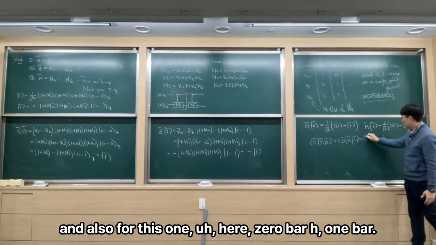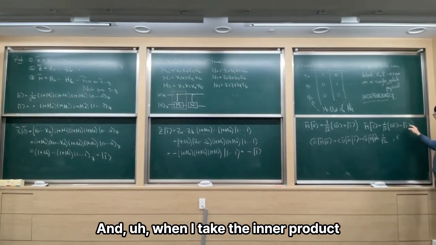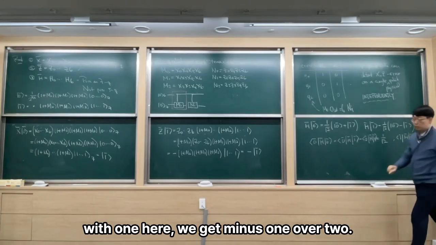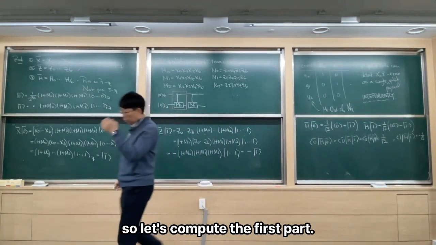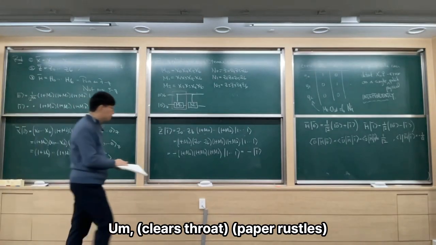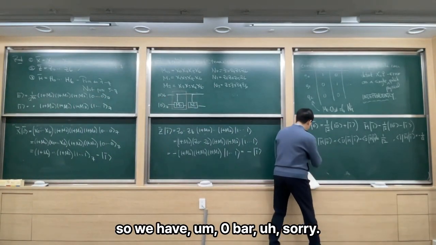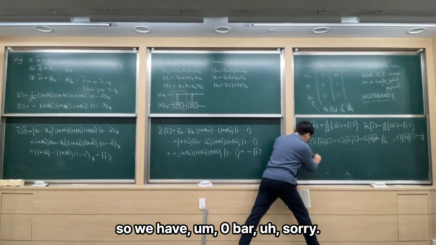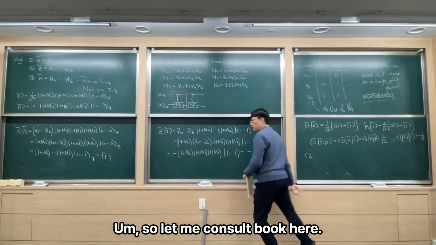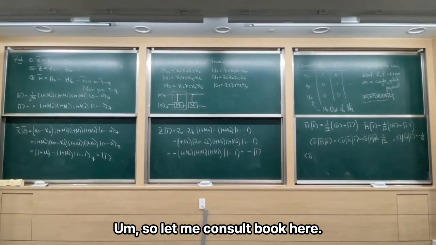Here, 0 bar H, 1 bar, and when I take the inner product with 1 here, you get minus 1 over 2. So all I want is this. So let's compute the first part. So we have 0 bar. So let me consult the book here. So let's see.